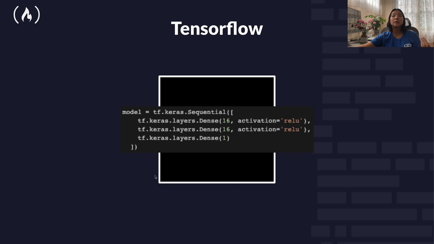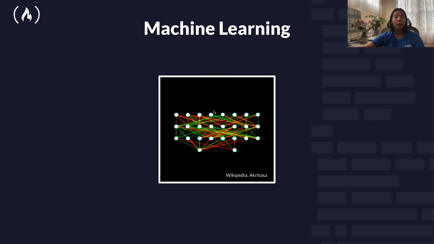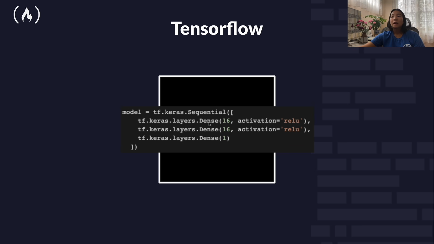So TensorFlow makes it really easy to define these models, but we also have enough control over what exactly we're feeding into this model. So for example, this line here is basically saying, okay, let's create a sequential neural net. So sequential is just what we've seen here. It just goes one layer to the next. And a dense layer means that all of them are interconnected.